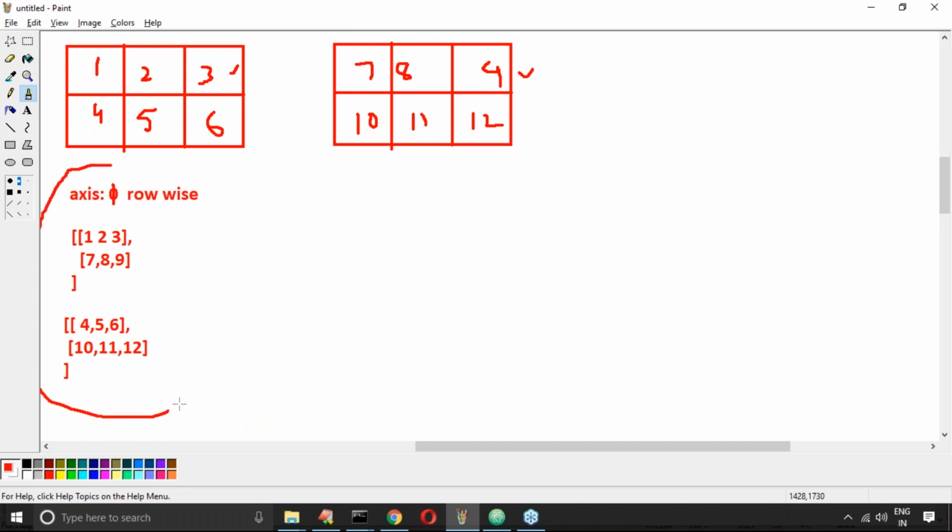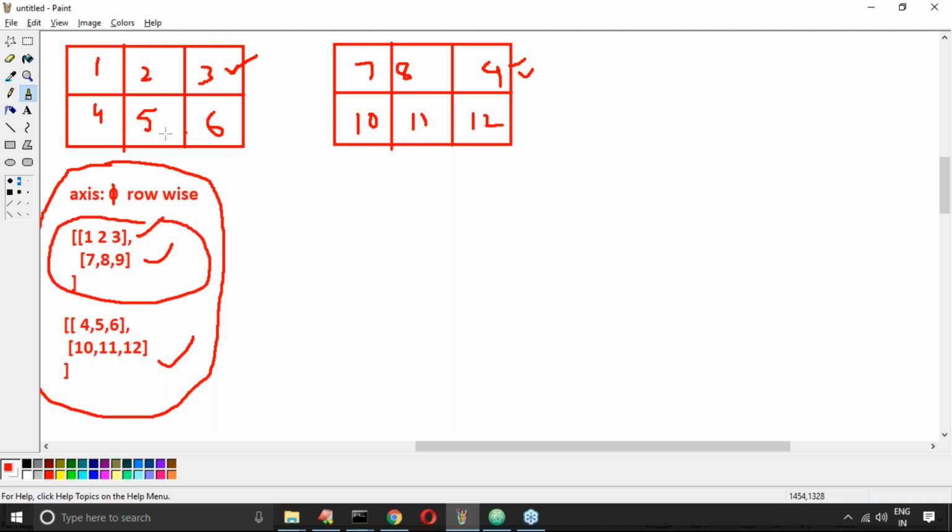Axis equal to 1 means row wise. The first row will become the first row in the first 2D array. The first rows together create one 2D array, and the second rows create the next 2D array, because we have to stack row wise.